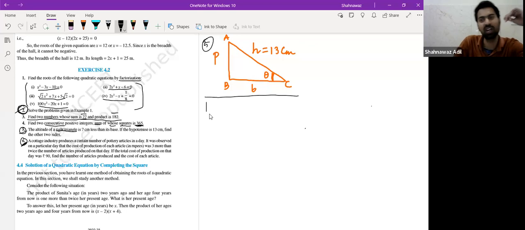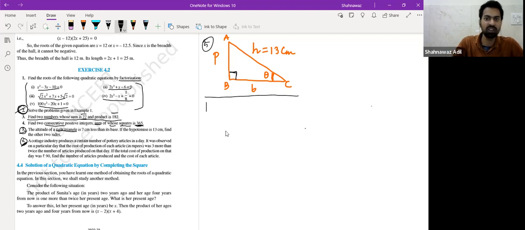So Rizwan, what do we know about the right angle triangle? Generally, what do we know about it? It has a 90-degree angle. Yeah, 90 degrees is the right angle triangle.